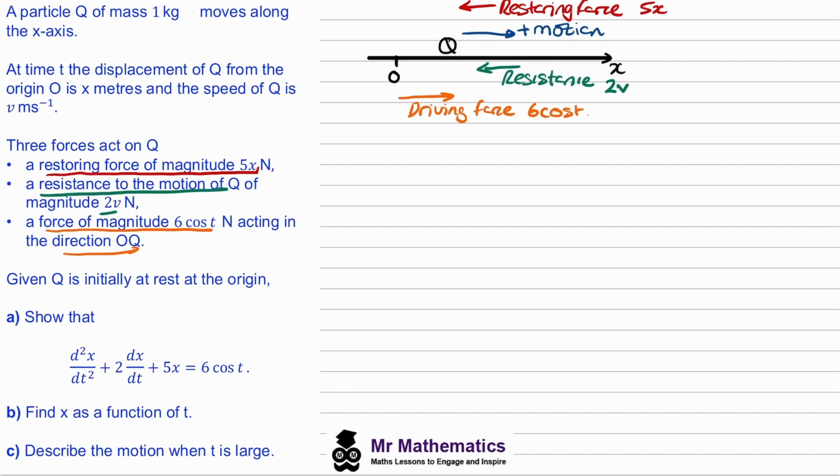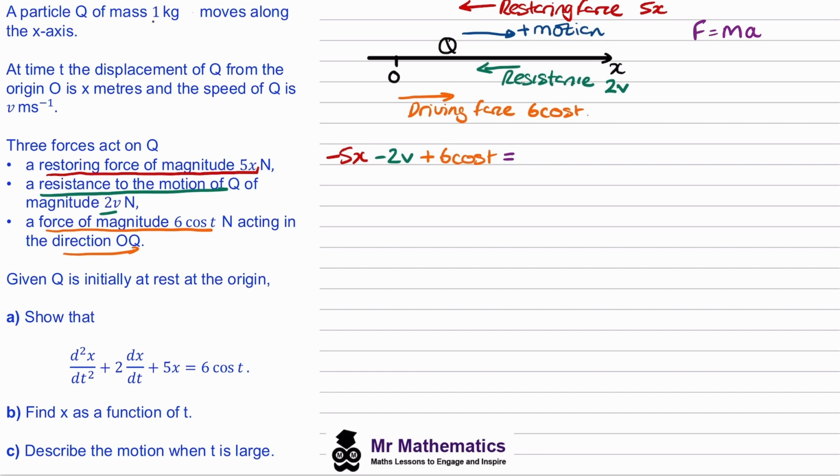And the net force is found from F equals ma. So if we resolve our forces, we have the restoring force, which is a negative. We have the force due to resistance, which is also a negative. And then we've got a positive driving force. And this will give us a net force of ma.